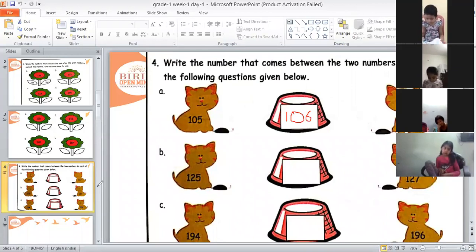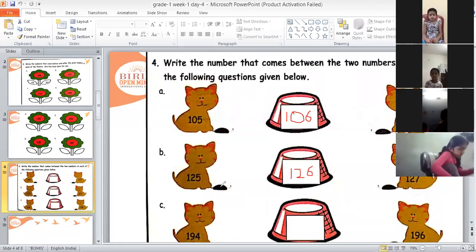Okay. Dhruti, you tell me which number comes just after 125. We will write that number here. 126. 126, that's correct. So 126 is the number which comes in between 125 and 127. That's the correct answer, Dhruti.